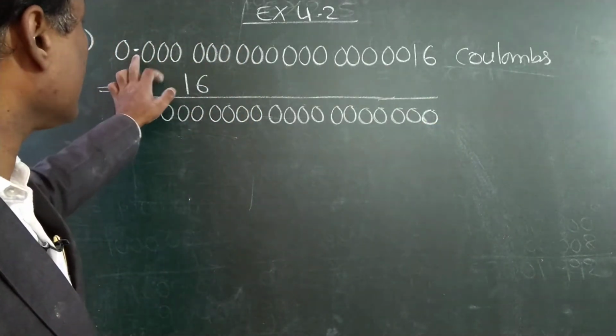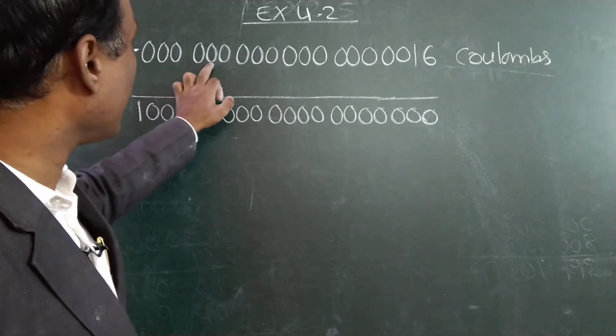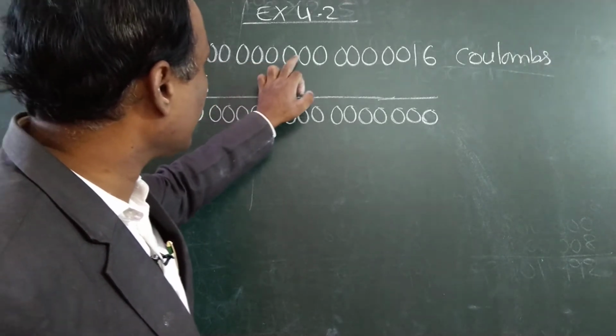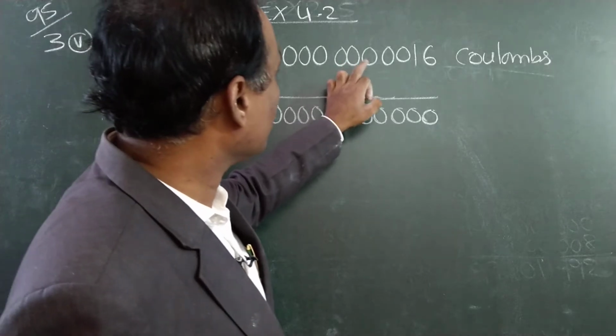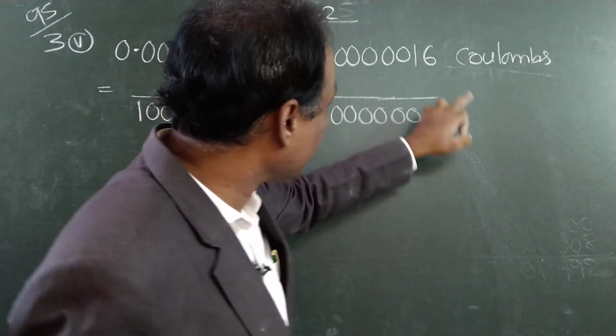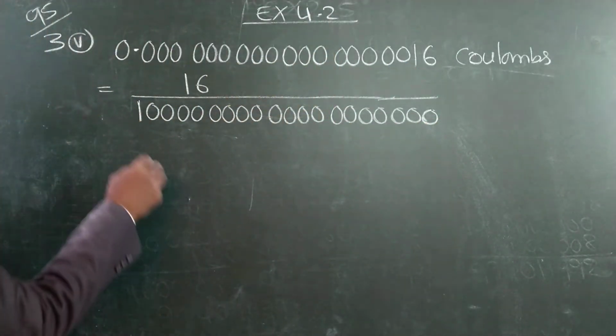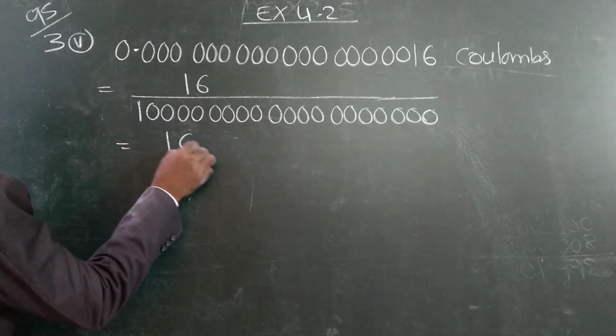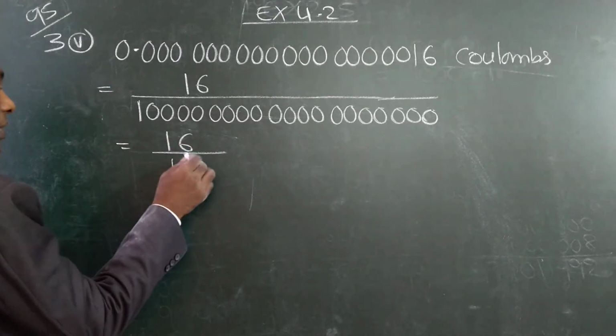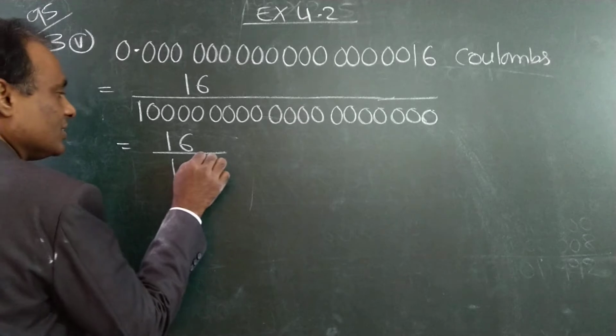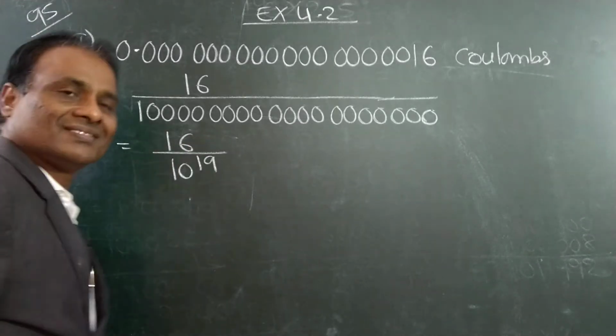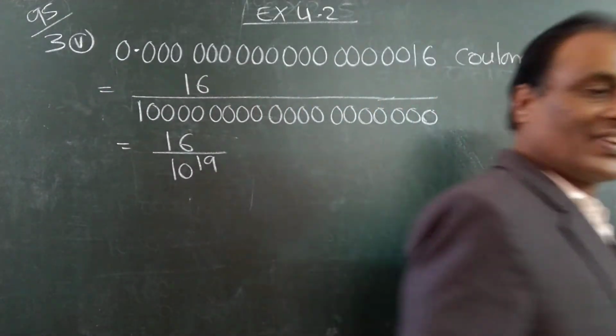After decimal there are 19 digits, so 19 zeros. 16 by 10 to the power of 19.